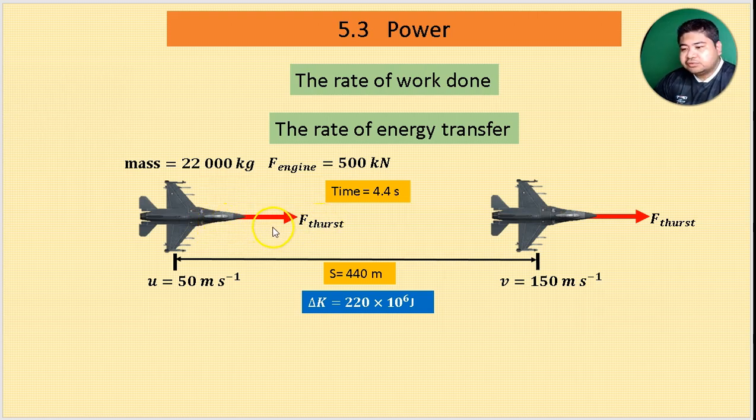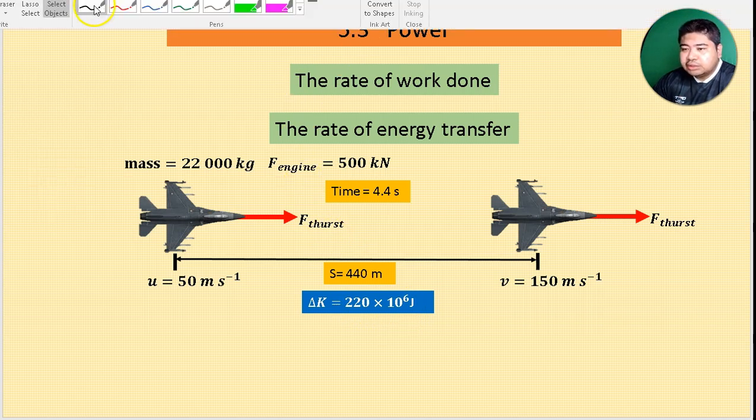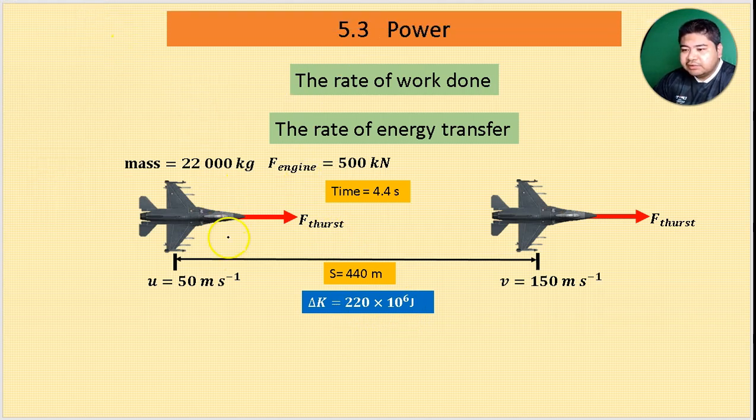The thrust force from the engine increased the velocity of the aircraft from 50 meters per second to 150 meters per second. So the change in the kinetic energy due to the thrust force is 220 times 10 to the power of 6 joules. How do you calculate the power delivered by the engine of the aircraft?